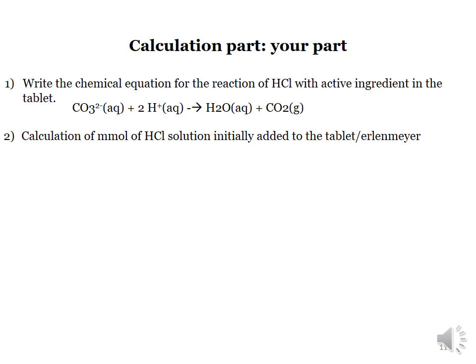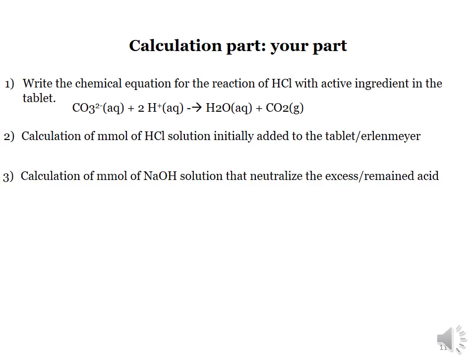The second thing that you need to calculate is the number of moles, in millimoles, of acid solution initially added to the tablet. I think this is quite easy. There's nothing easier than that.